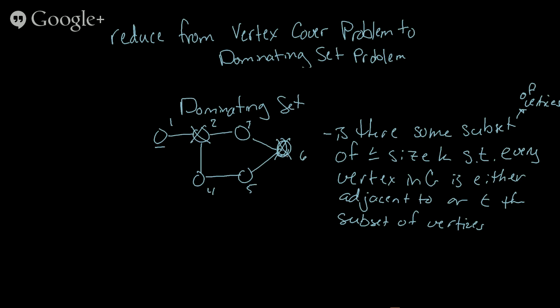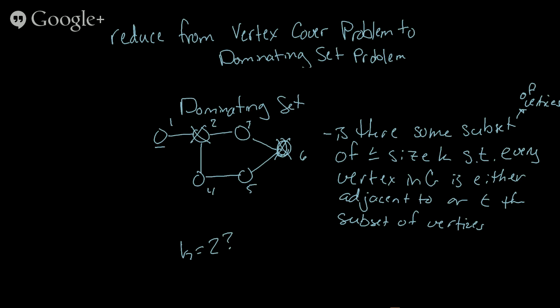And so we need to determine the vertex cover problem by reducing it to the dominating set problem. Obviously we can't just say we'll just feed this graph into the dominating set problem, because what if our k was equal to 2?